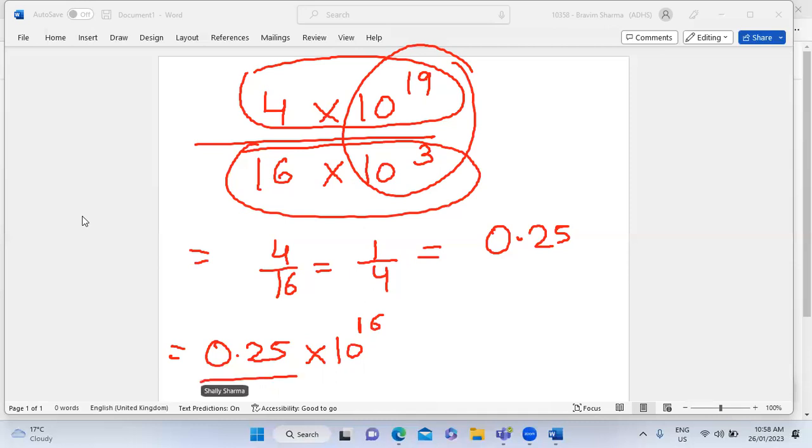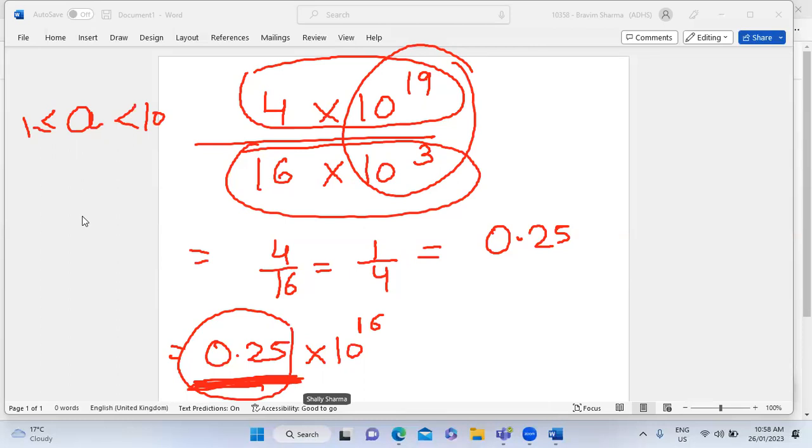Now, when I look at this number 0.25, it corresponds to A, but A should be between 1 and 10. So this number is violating that rule. Because this number is smaller, I need to times it by 10. I have 0.25. If I move this decimal point by one place, it would be 2.5 and that serves the purpose.